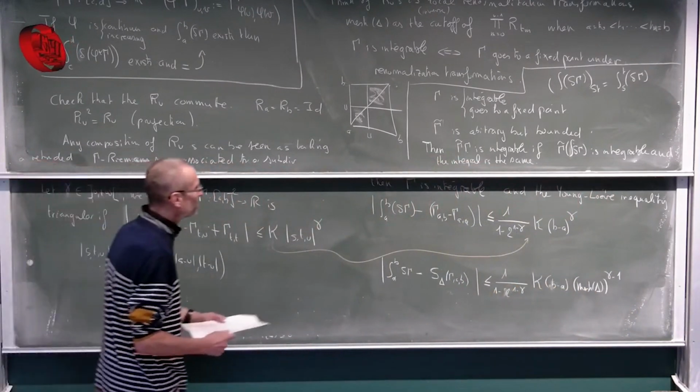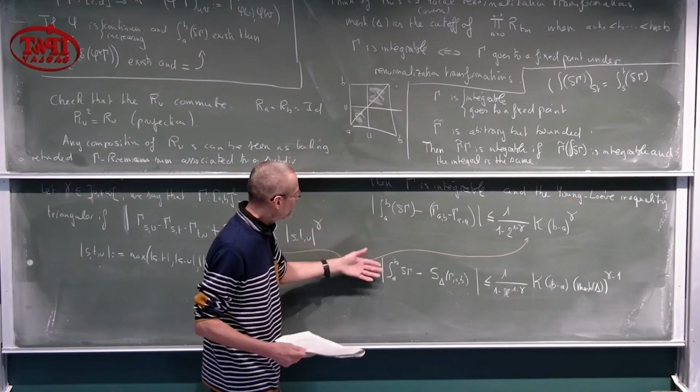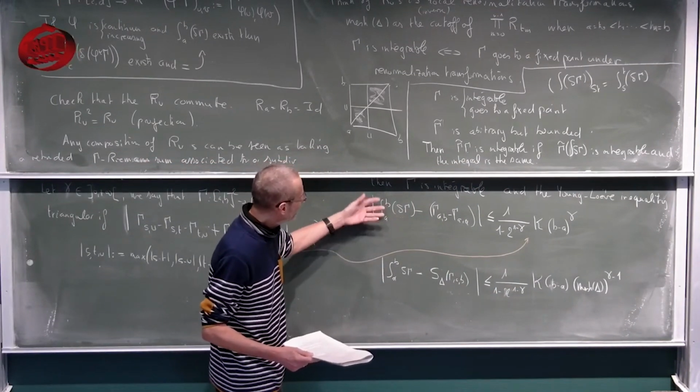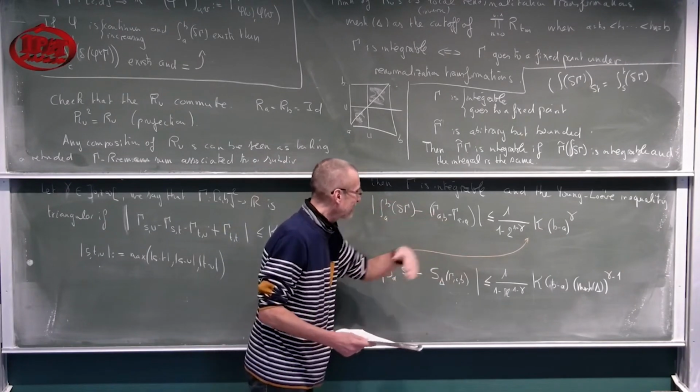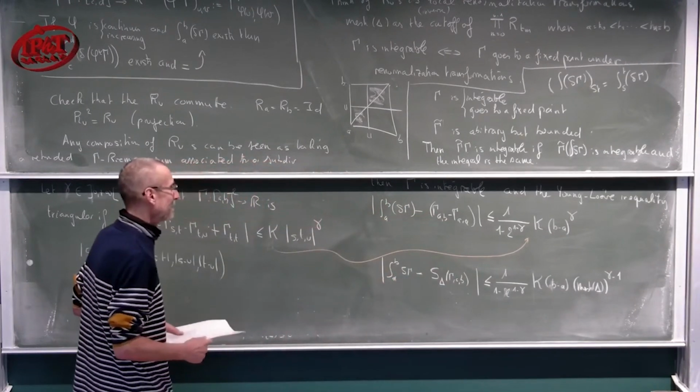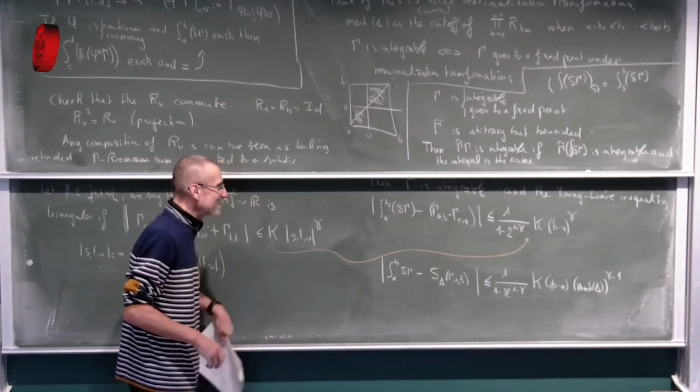This you just do by applying this inequality to subintervals and summing. So this is easy. And as I told you, this is one example.